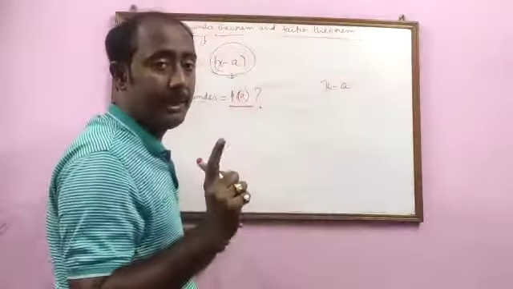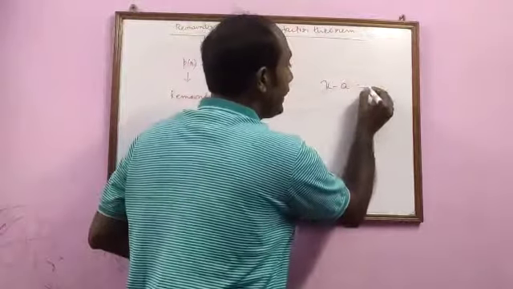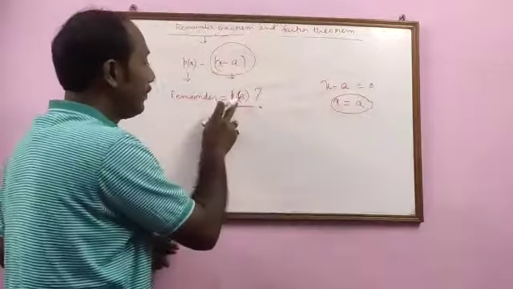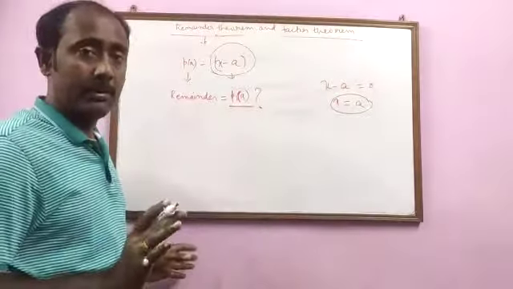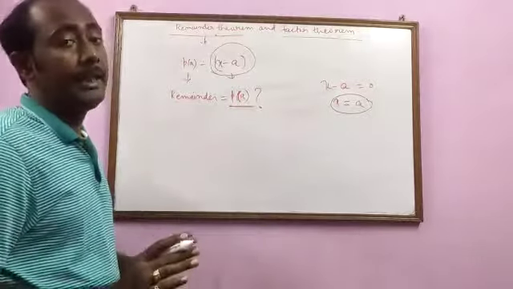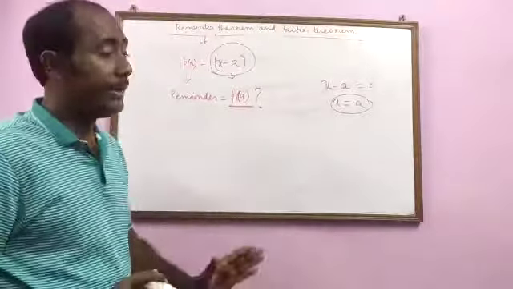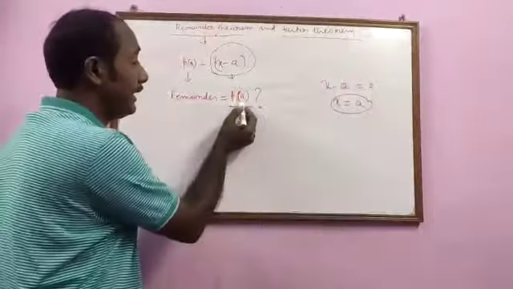Do you understand the meaning of zero now? Its zero is a, meaning when you equate it with 0, you get x equal to a. Therefore, we say that the remainder is P(a). Therefore, the theorem says that if a polynomial P(x) of degree 1 or greater than 1 is divided by a linear polynomial x minus a, then the remainder is P(a).